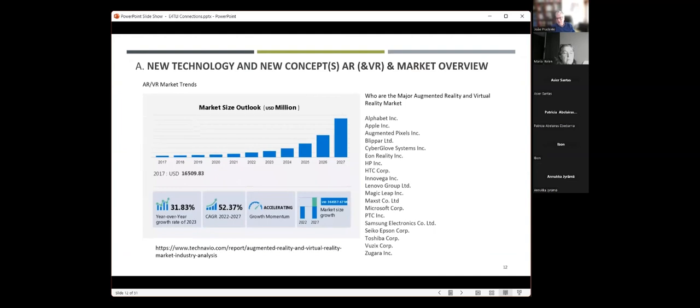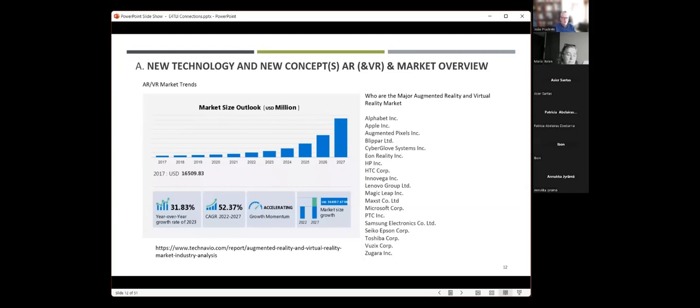Okay, about the market size. Market size is growing very fast. These are the two technologies, and I will show in the next slide the split between them, because the enterprises that make AR also make VR, let's say.